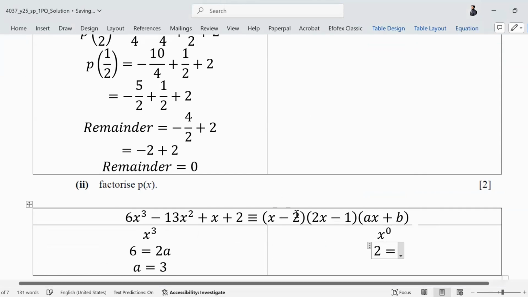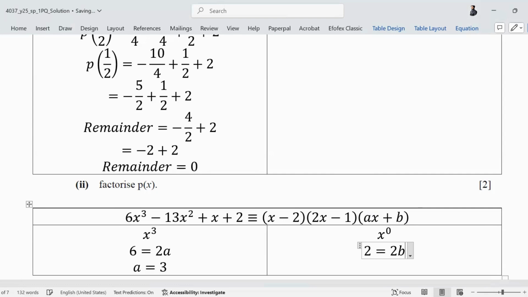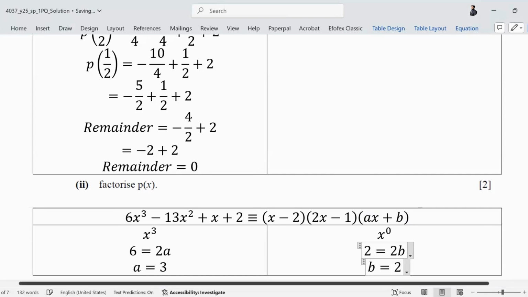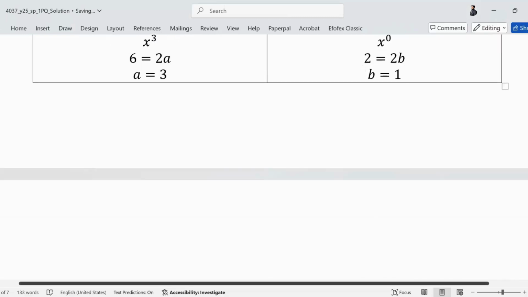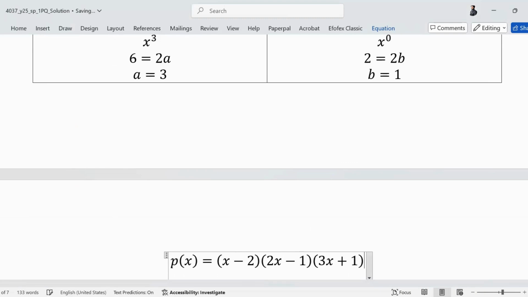On the right, I'll get minus 2 multiplied by minus 1 multiplied by b. That will give me 2b. So the value of b is 1. So if I factorize it completely, my polynomial will be x minus 2, 2x minus 1, and 3x plus 1. And this is how I'll factorize the cubic polynomial for which I have already figured out the two factors.